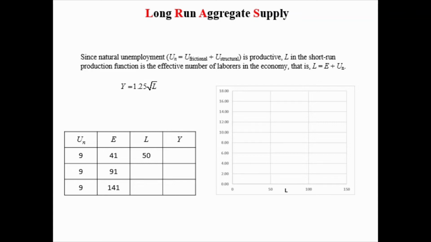You plug this effective number of laborers in the production function, and you get 8.839. Now, 50 is close to 49, and the square root of 49 is 7, and 7 times 1.25 is just under 8.839. So this number makes sense, right? We could calculate this number in Desmos.com.